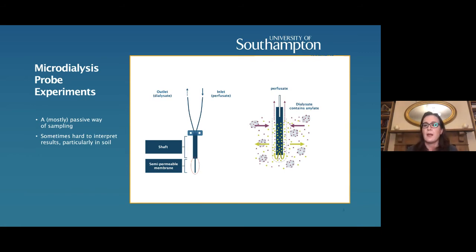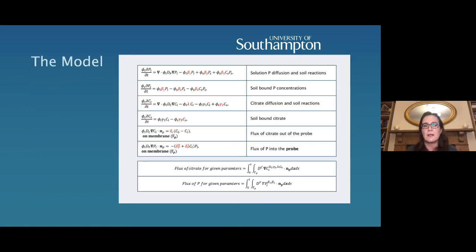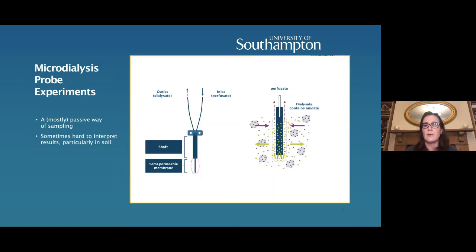And so this is what we did with trying to understand how roots exuding citrate influence the phosphorus uptake. We delivered the citrate solution via the microdialysis probe and measured how much phosphorus came out. This is roughly what a plant does, but a plant exudes, in addition to citrate, all sorts of other compounds as well.